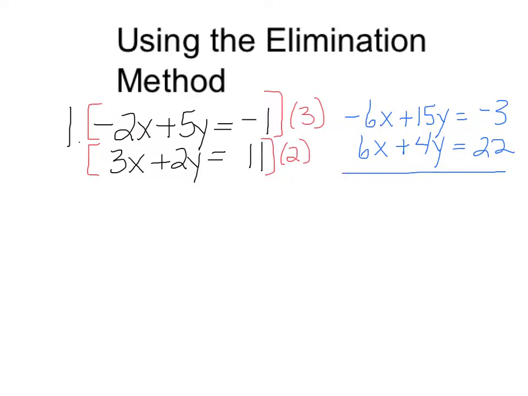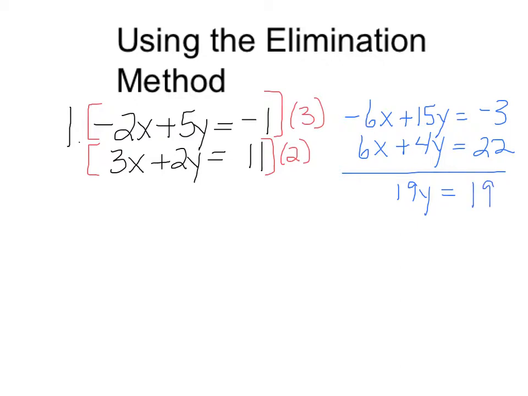If I did everything right, I should be able to add these equations together and something would eliminate. And if you notice, negative 6x and a positive 6x adds up to 0, so that does eliminate. 15y and 4y would give you 19y. If you add together a negative 3 and a 22, that would give you positive 19.